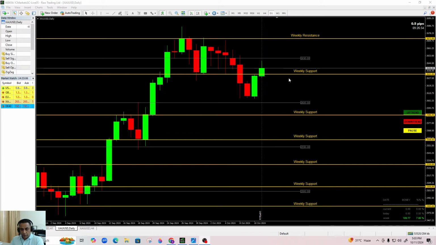So previous day, yesterday, the candle closed bullish right at 2632 weekly support. And we've created a daily support as well right here. A strong bullish candle closed above this high and right at weekly support 2632.